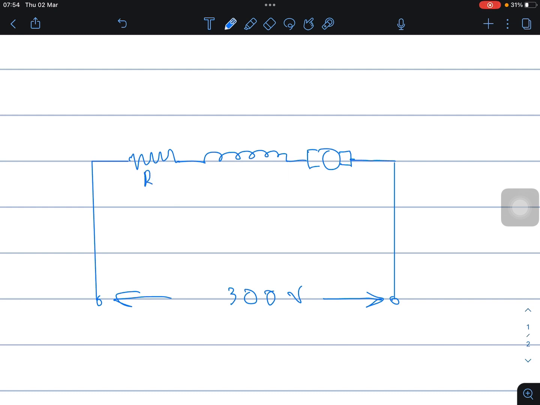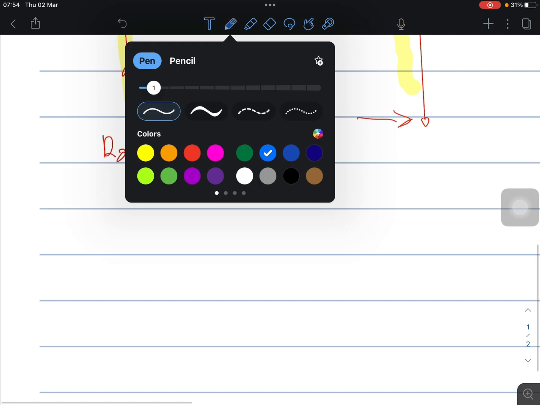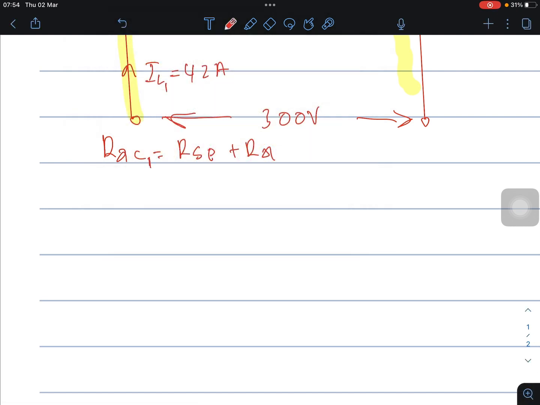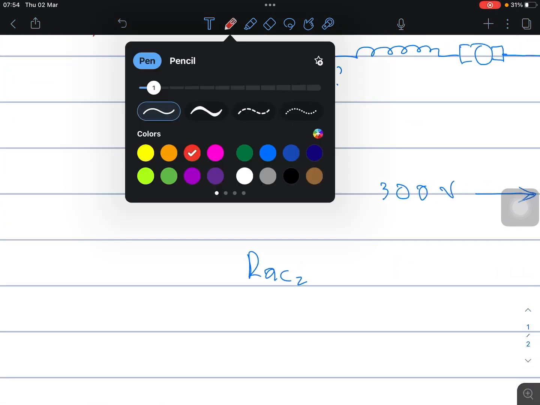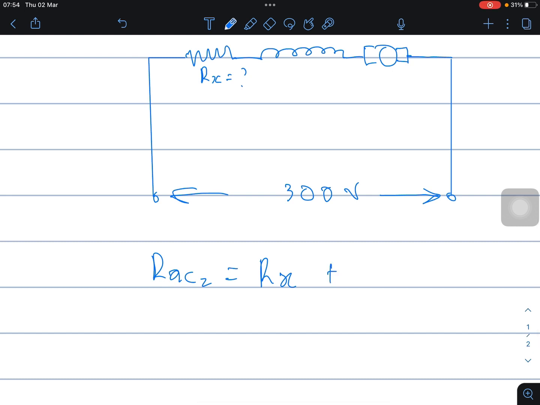We connect the resistor that is required, which we call RX. Let's say this one is RAC1. For RAC2, it is RX, the one we want, plus R series plus R armature.